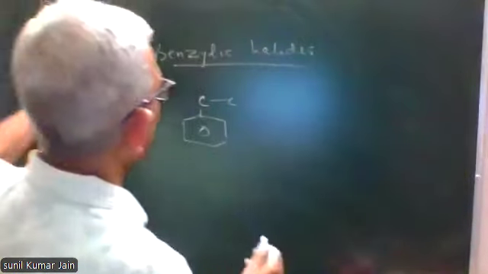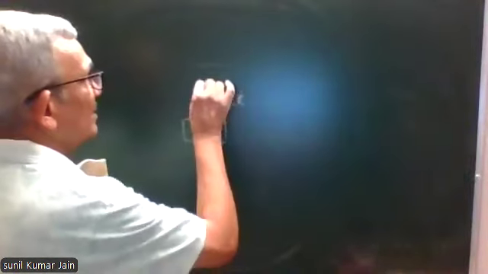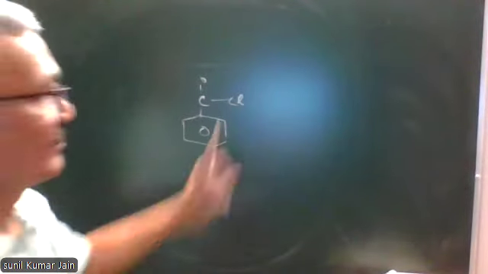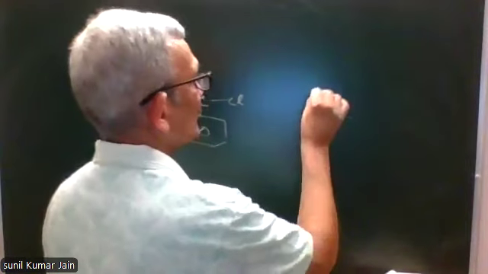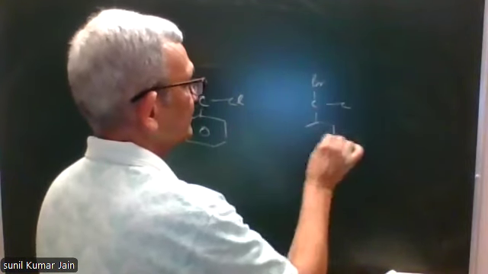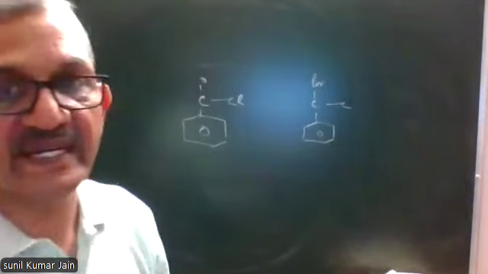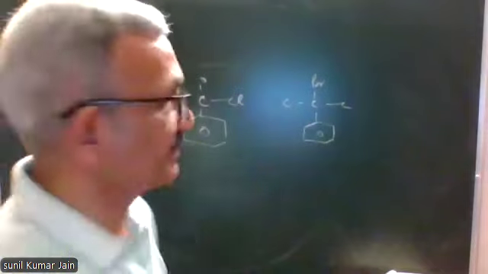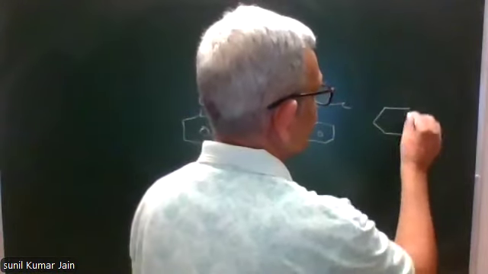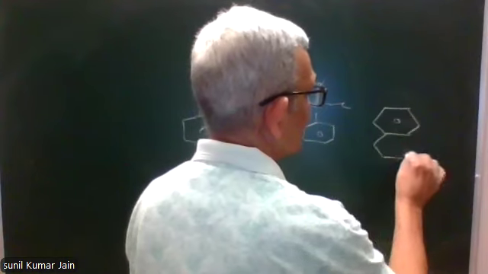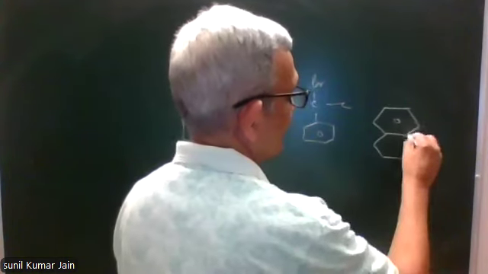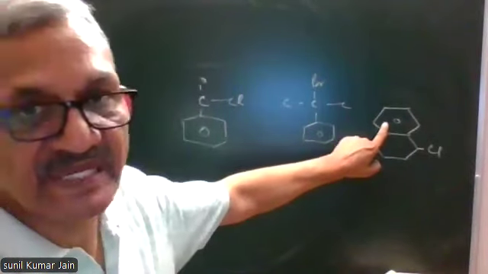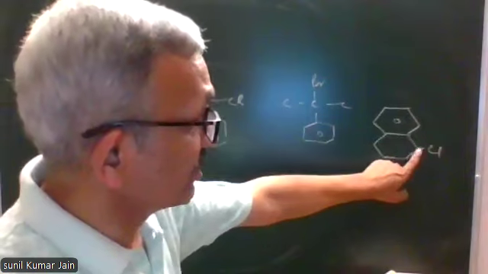For example, this is primary benzylic halide. This is secondary benzylic halide. This is tertiary benzylic halide. Benzene ring directly bonded to benzene ring.